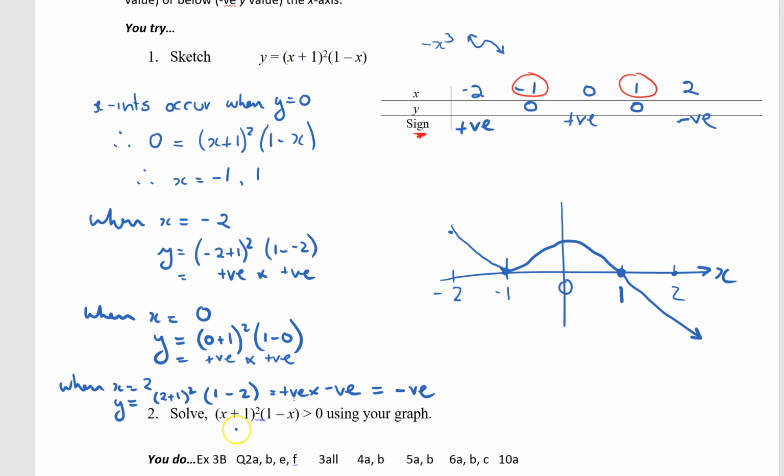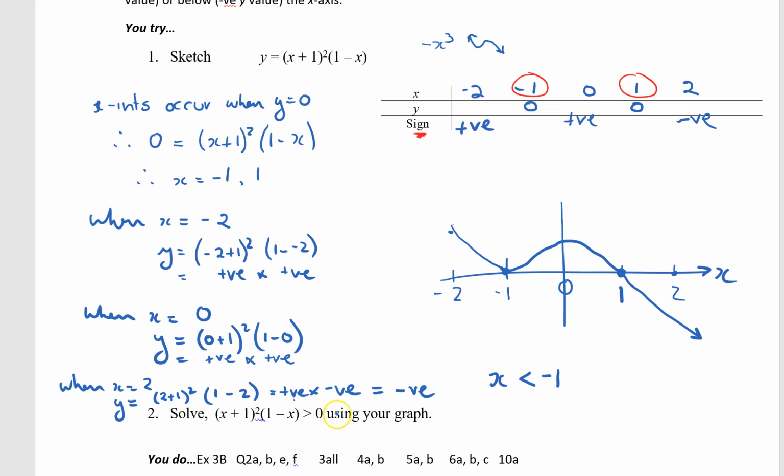Part 2 says solve where this function is greater than 0. Greater than 0 is above the x-axis. Now, greater than, so it can't be on the x-axis. So we've got when x is less than -1, it was definitely above, but not equal, because at equal to -1, it's equal to 0.